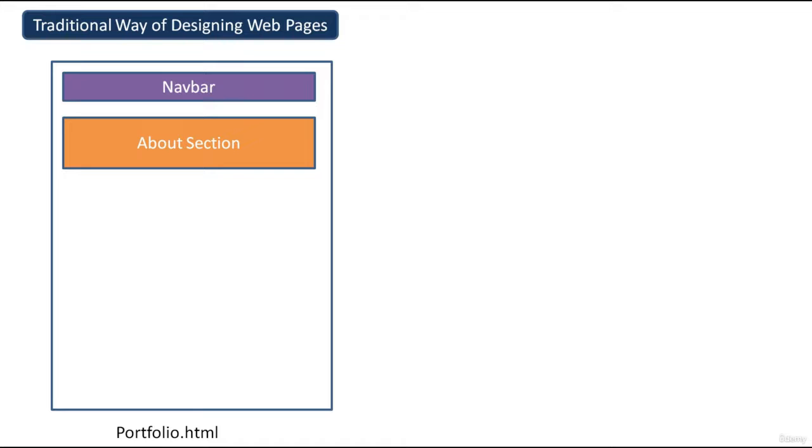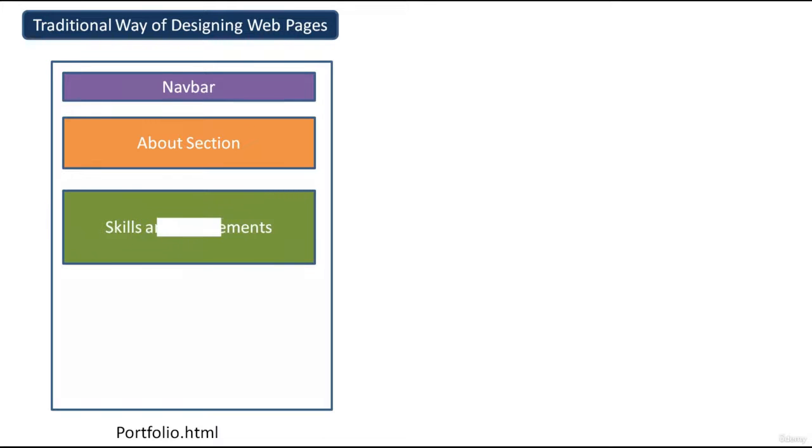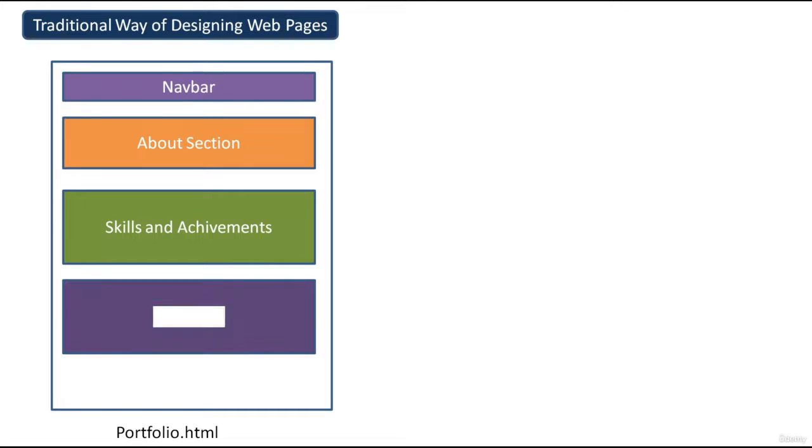This is the portfolio.html page. In every portfolio, we commonly have 5 things. They are the navbar, the about section, meaning about the developer, skills and achievements, projects, and at the end of the page, the footer.